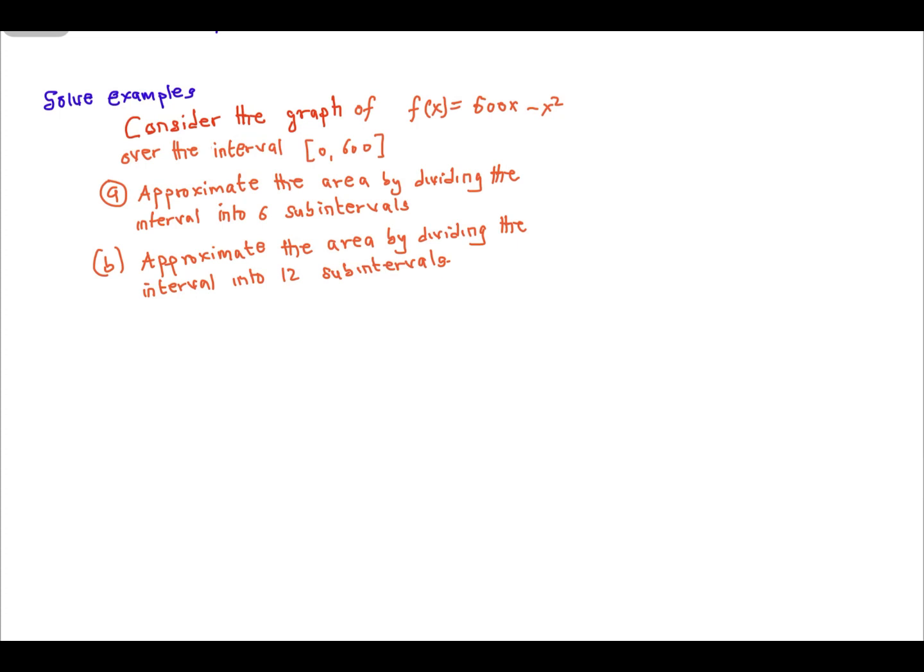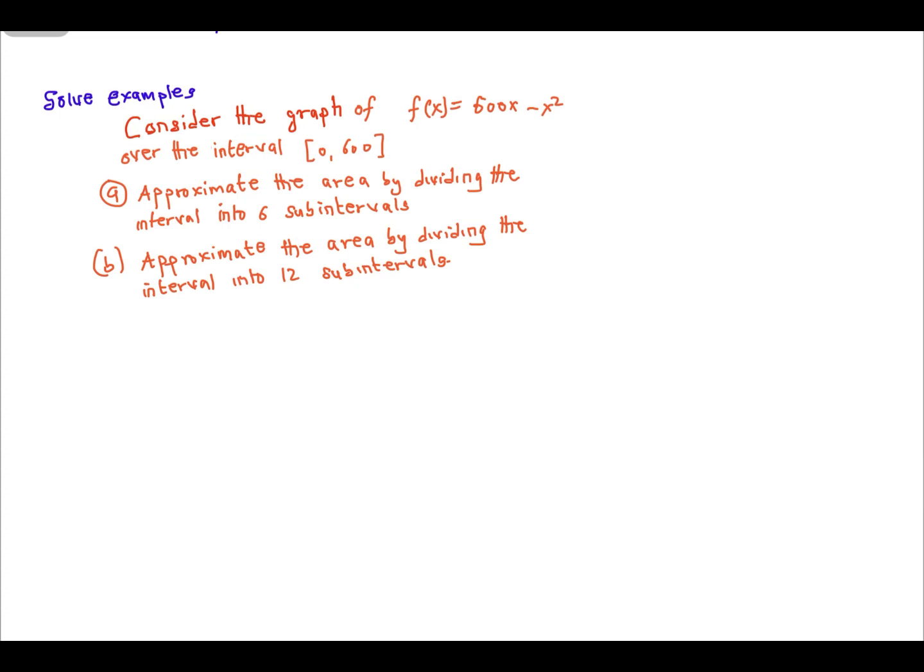One thing you have to know is that when you approximate these rectangles to find the area, the more accurate you want your answer to be, the smaller the subintervals you use, and hence more rectangles will have to be used.